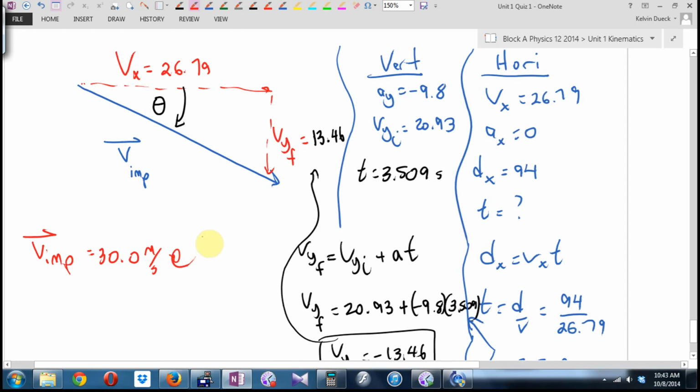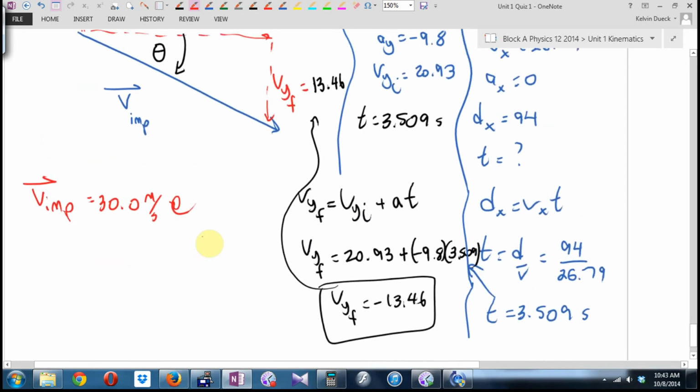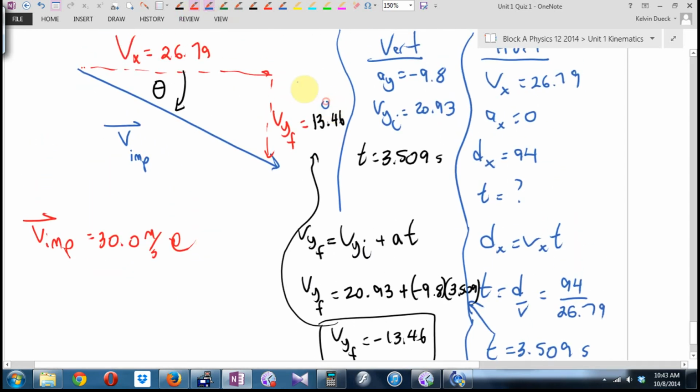At, need a direction. It's going to be what? Opposite, adjacent. It's tangent yet again.